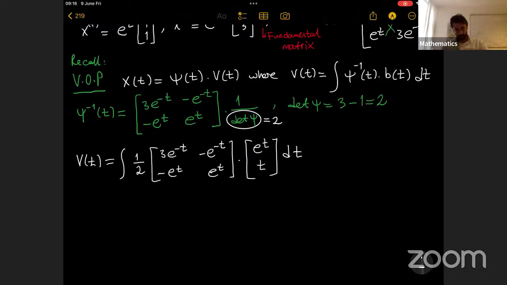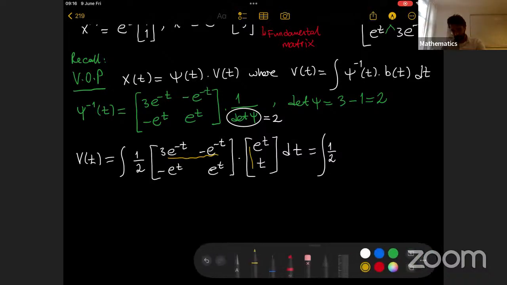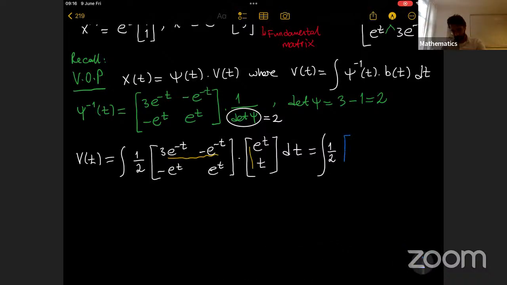It's going to be the integral of 1/2. So you take this row and this column, it's going to be 3 minus t times e to the minus t.